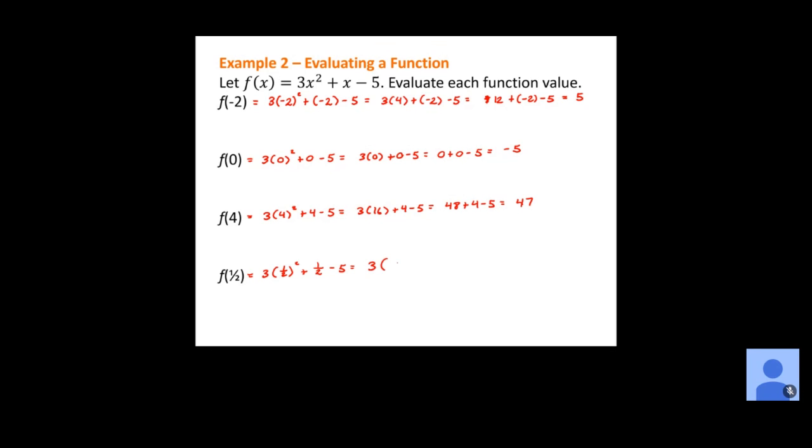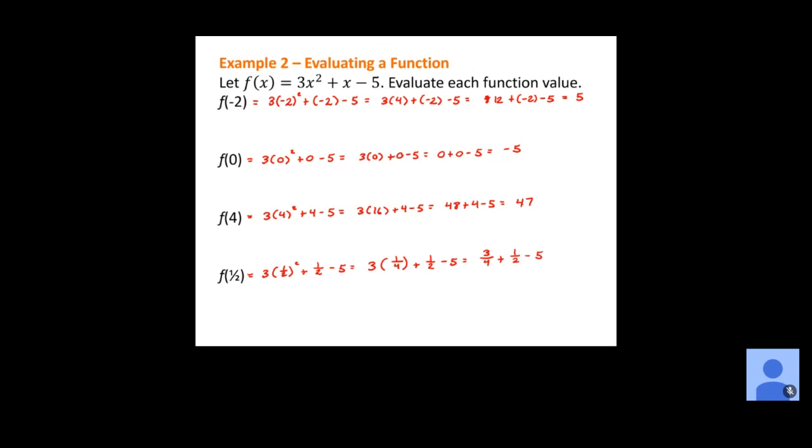Good. So we square the numerator, square the denominator. It's going to give us 1/4. Bring everything else down. Now, what's 3 times 1/4? 3/4. Good. 3/4 plus 1/2 minus 5.